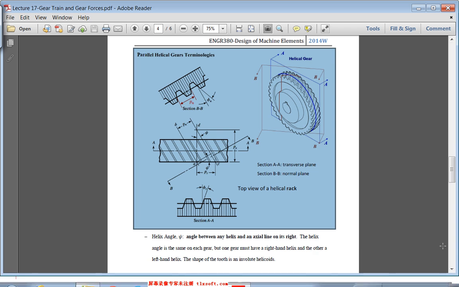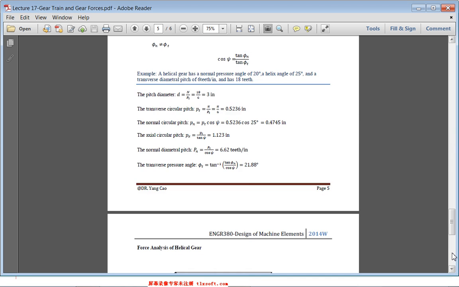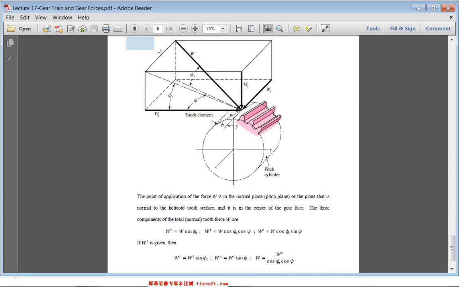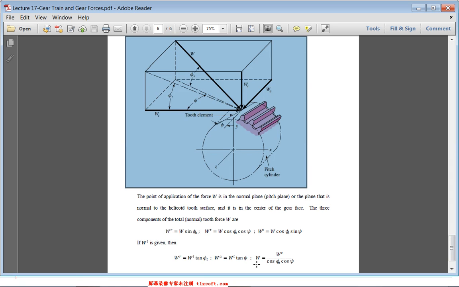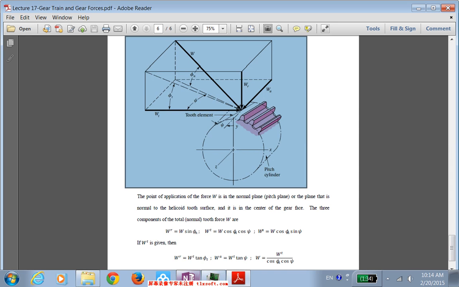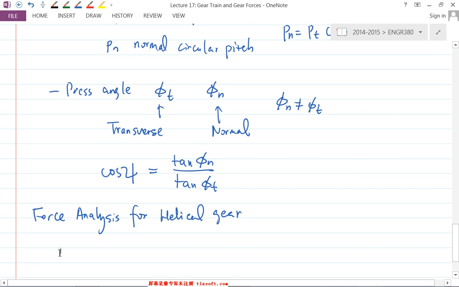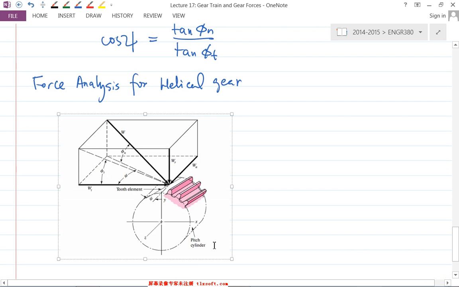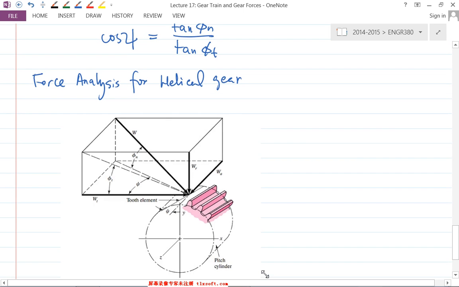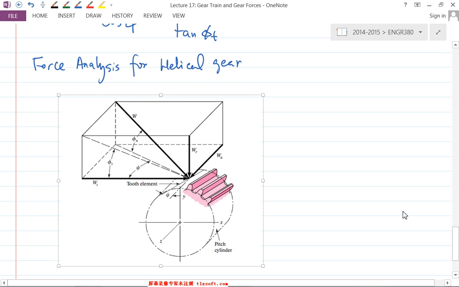So I'm going to grab this diagram right here. You have a helical gear right here. As we said, the helical gear has a helix. So the action-reaction force, which is W, just the same symbol as the spur gear, imagine there's another one on the top there.